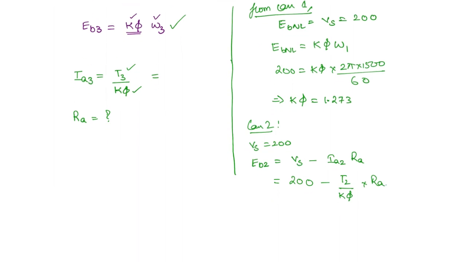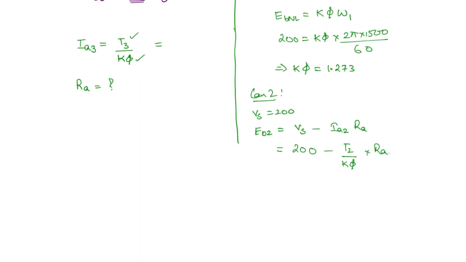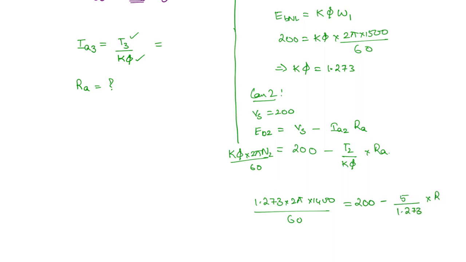And EB2 you can find out as K phi into 2 pi N2 by 60. So this will be 1.273 into 2 pi into 1400 by 60 is equal to 200 minus 5 divided by 1.273 into Ra. Here if you solve for Ra, you're going to get 3.4 ohms.